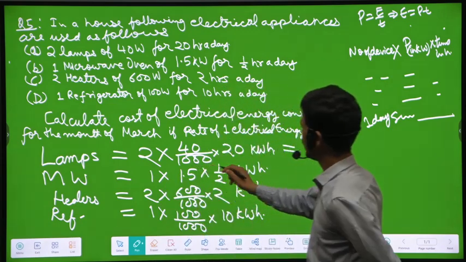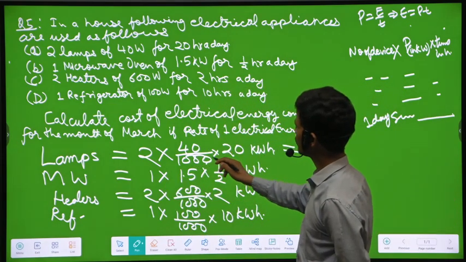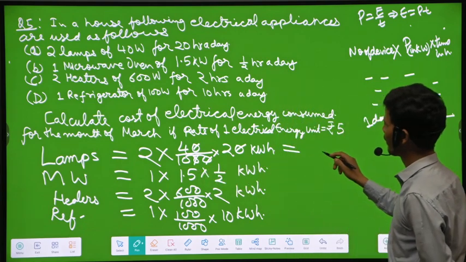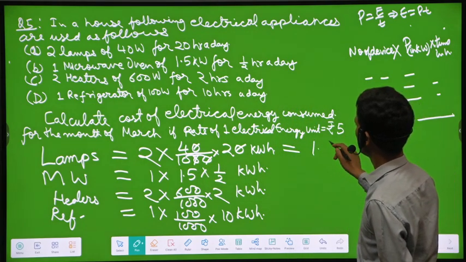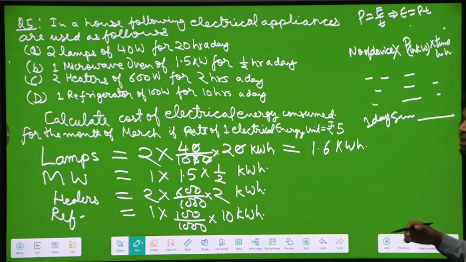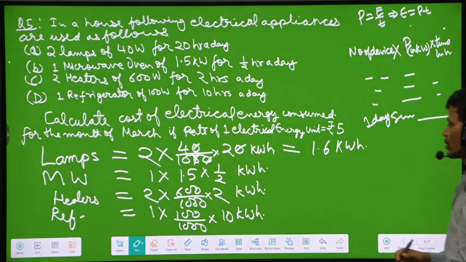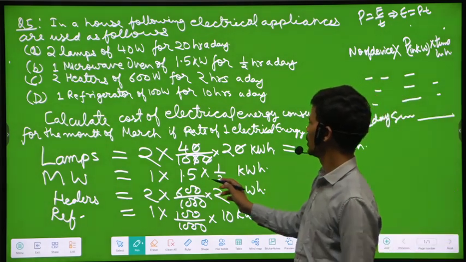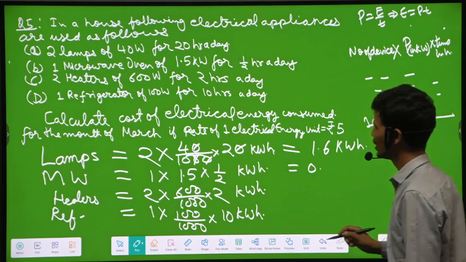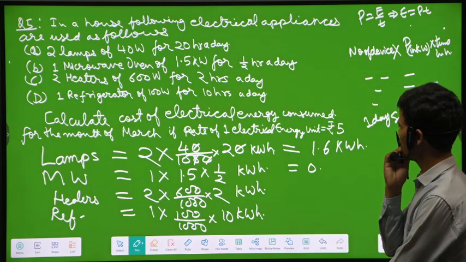So it will be 1.6 kilowatt hour. Kilowatt hour means electrical unit, commercial electrical unit. And this one will be 0.75 kilowatt hour. Am I making some mistake?